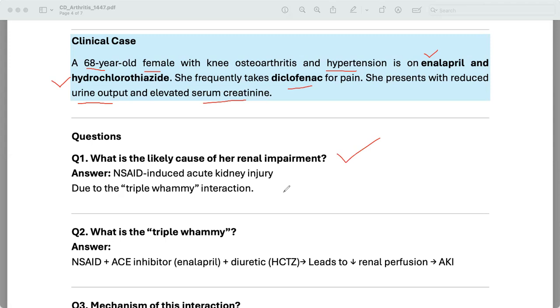And this effect is called triple whammy interaction. What is triple whammy interaction? Or we can say non-steroidal anti-inflammatory drugs induced acute kidney injury.